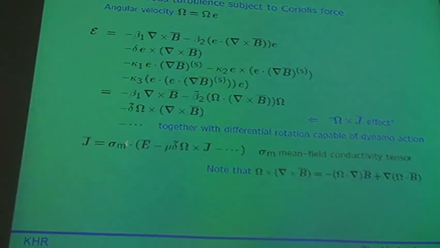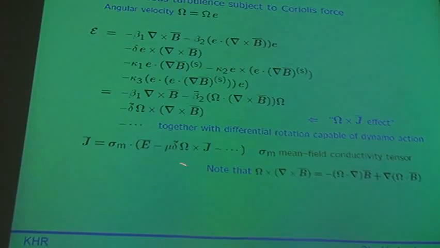It's a symmetric tensor. The next term is, you should read it, I gave it here, as coefficient omega cross J, the mean current. And then you can write Ohm's law in this way.